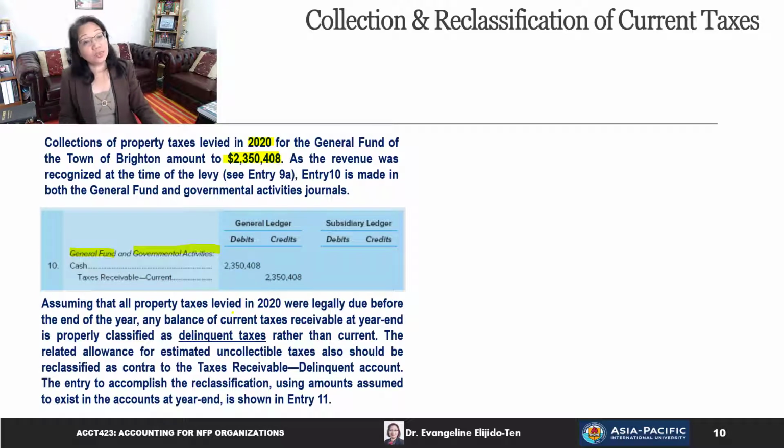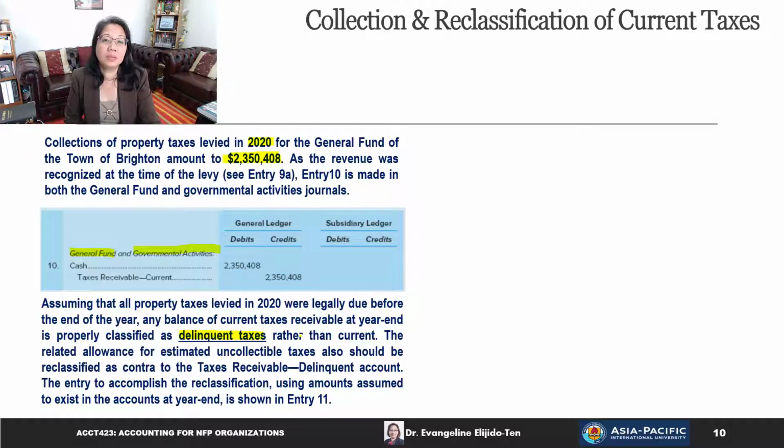Now, let's assume this time that all property taxes levied in 2020 were legally due before the end of the year. And so any balance of current taxes receivable at year end is therefore classified as delinquent taxes.